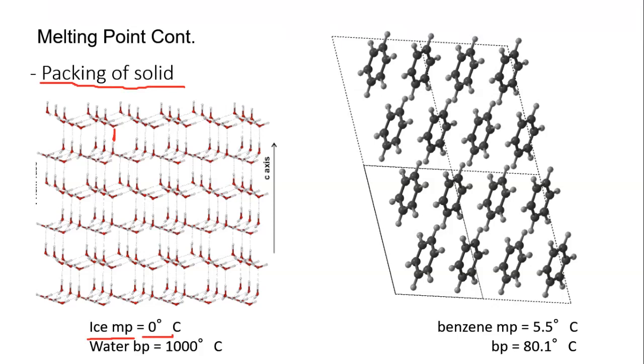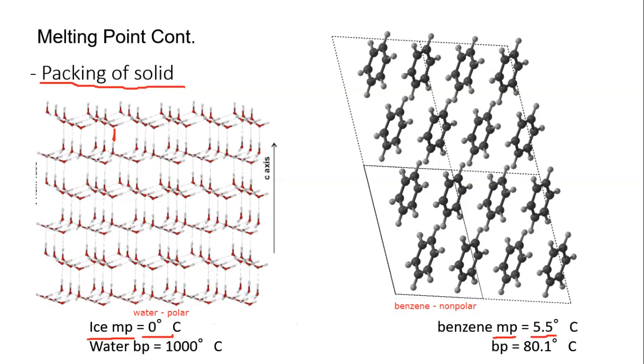Now if we look at benzene, benzene here packs in this fashion, which has a melting point of 5.5 degrees Celsius. Now, water and benzene are relatively similar size molecules, but water is polar, benzene is nonpolar.